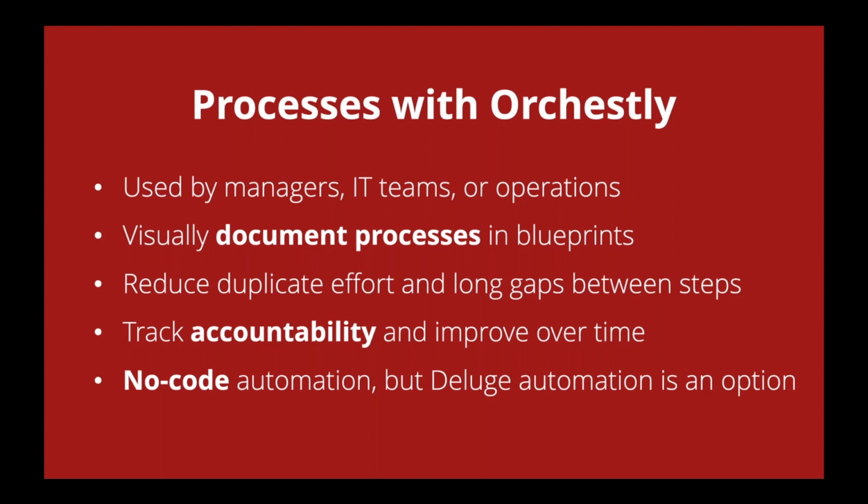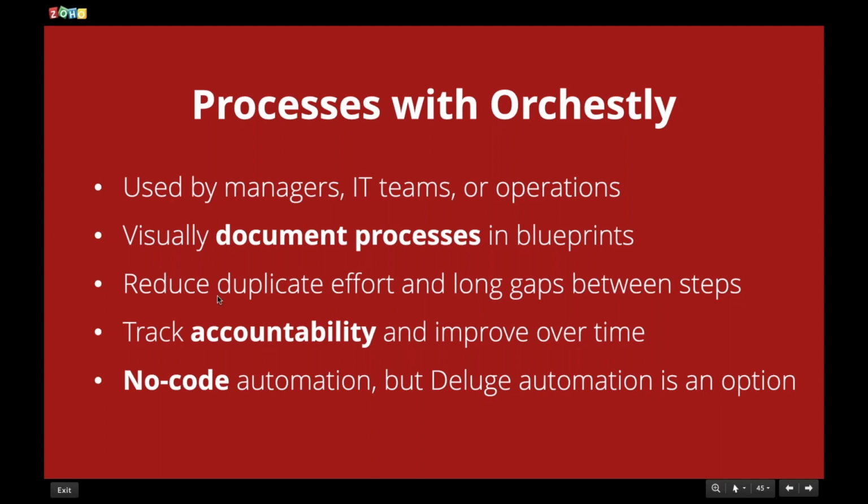So if you find yourself in situations where you don't have a lot of visibility into a process, or you don't have ways to track who is accountable when things go wrong, or you find that there's a process in your business where things are really getting hung up, where somebody's just not doing work that they could be doing because they don't even know that they can, these are all indications that Orchestly could be really useful for you.